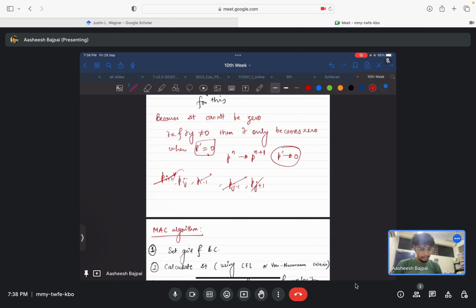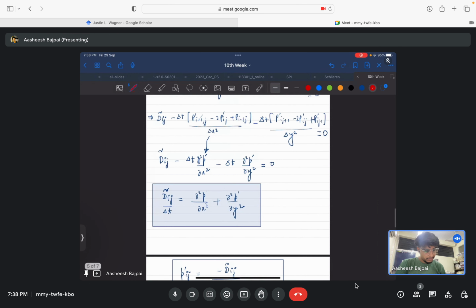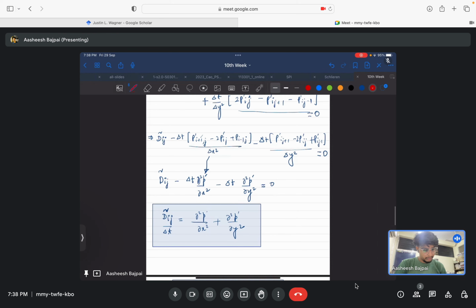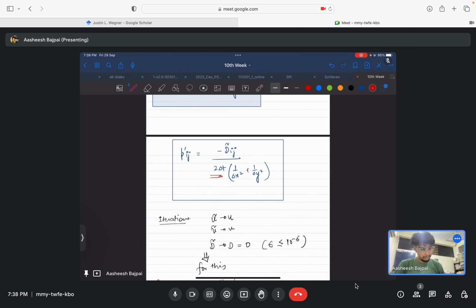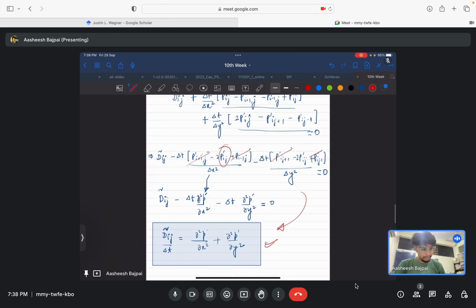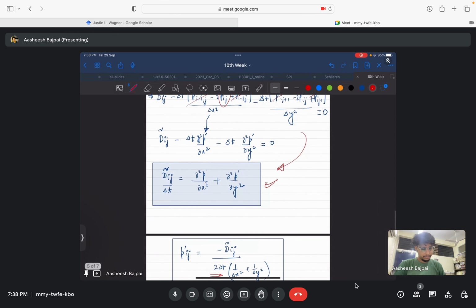When this becomes 0, we can neglect these terms. This was just for final review, but if we drop these terms, it will become 4 p ij, and then p dash ij only will be left.